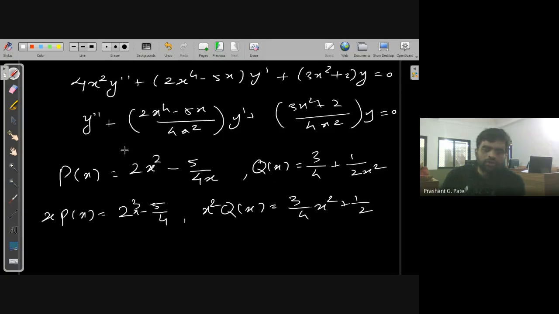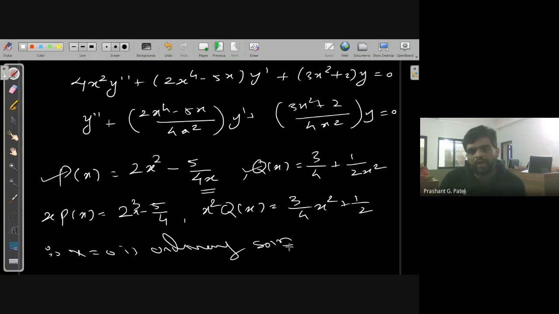So what we can observe is that P of x and Q of x are not analytic at x equal to 0. So we can say that x equal to 0 is not an ordinary point. That is what you should write in the exam paper: P of x and Q of x are not analytic at the point x equal to 0, and therefore x equal to 0 is not an ordinary point. And x into P of x and x square into Q of x are analytic at the point x equal to 0.